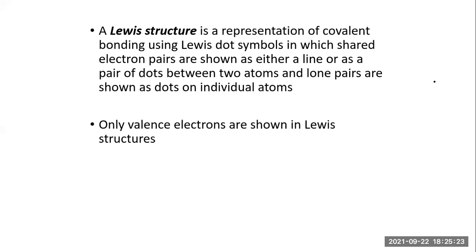Now, a Lewis structure, again, we use them to represent covalent bonding, representing sharing of electrons, again, with either dots or lines. And as I think was an earlier question, the answer is, yeah, it is just the valence electrons that are shown in these pictures because they are the ones that are involved in bonding.